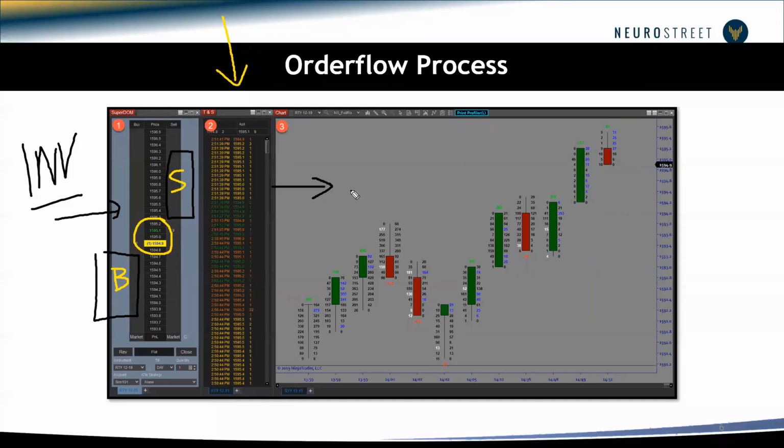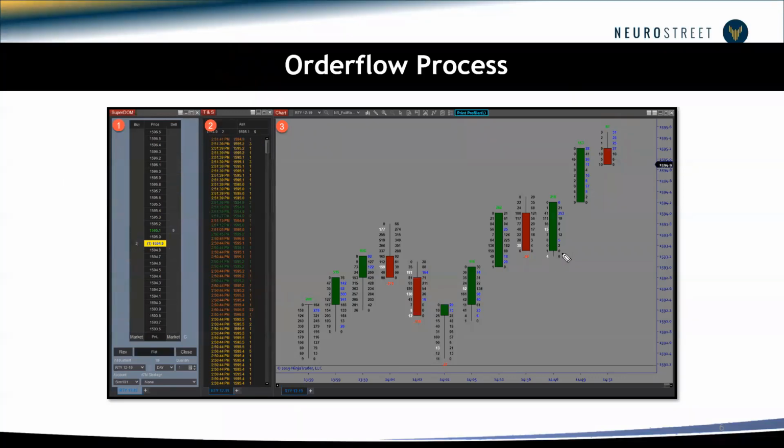And that's the order flow process. What we do is we take all of the information that took place inside this information here, the amount of contracts, the price level, the time it took place at, and we move it to the candles.